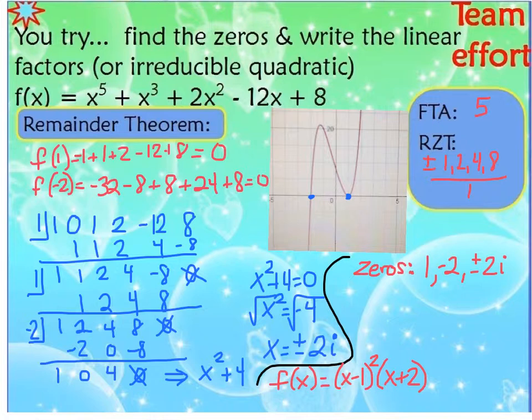And so I'm going to finish this up and just leave it as an x squared plus 4. And then that's going to be my factorization. You can tell that there's a 2, 3, and then this is a quadratic 4, 5, so this is a 5th degree polynomial. I have all my factors there.